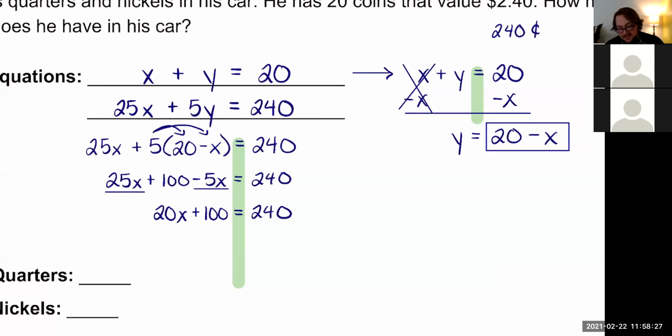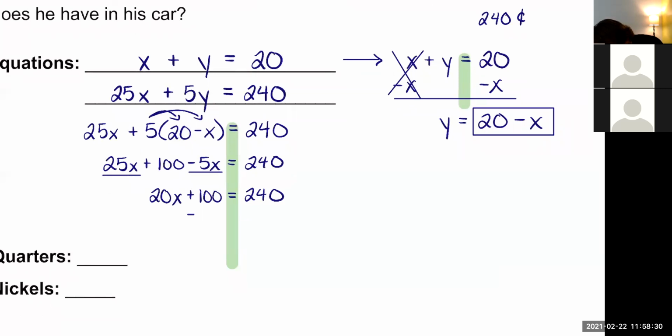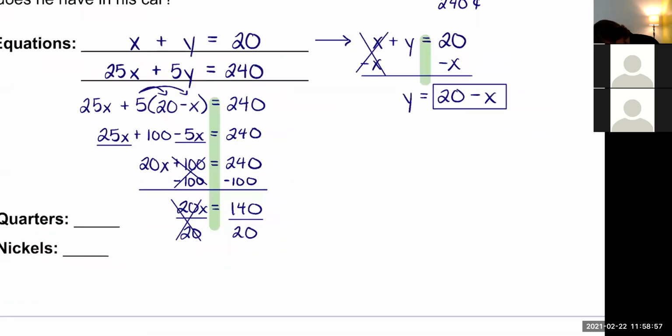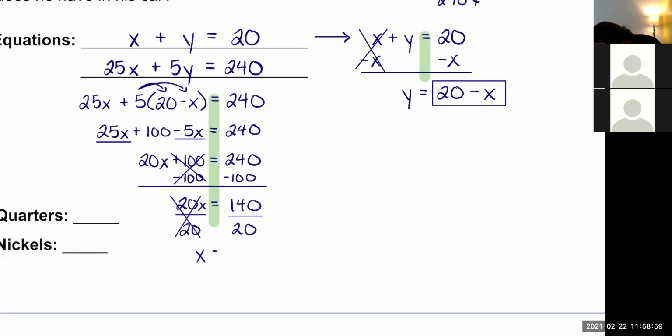And then to get x by itself, I'm going to subtract 100 from both sides. That gives me 20x is equal to 140. And then, what a long process here, I divide both sides by 20. So x equals 7.